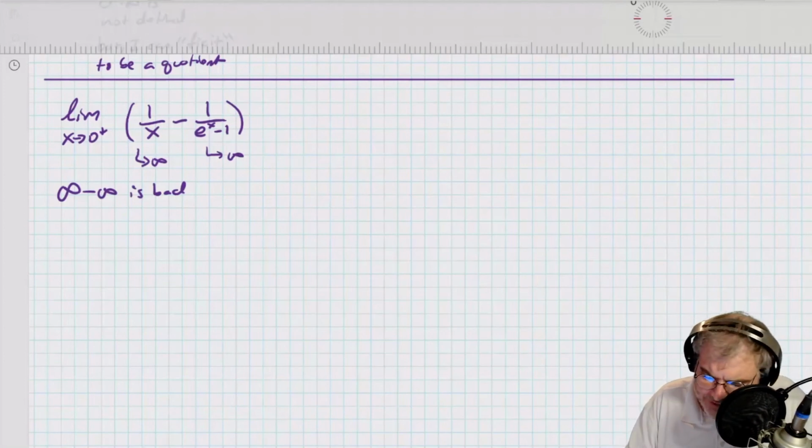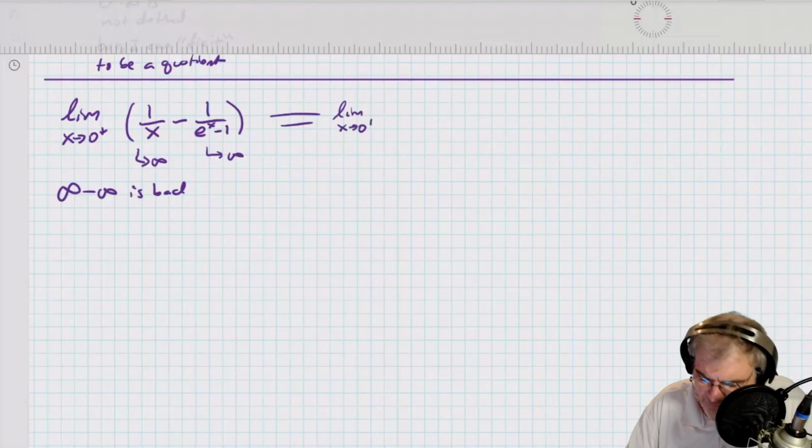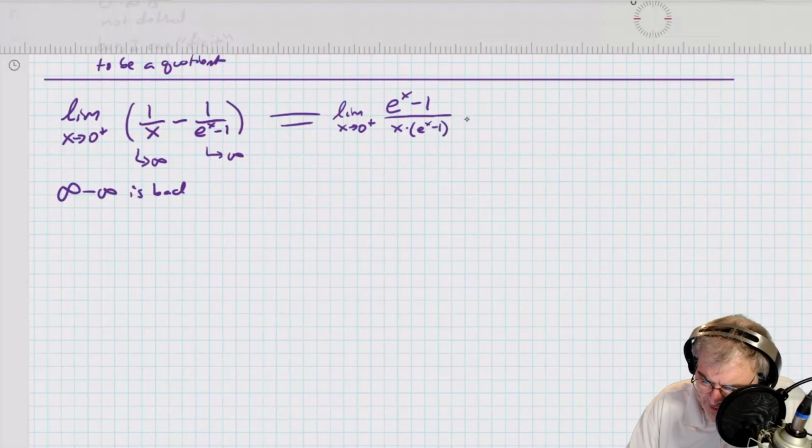So what I'm going to do is take a common denominator. And this is going to have some algebra involved. So this is e to the x minus 1 over x times e to the x minus 1, minus x over x times e to the x minus 1.